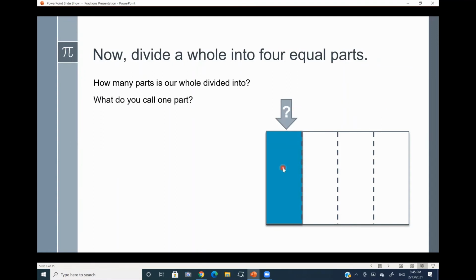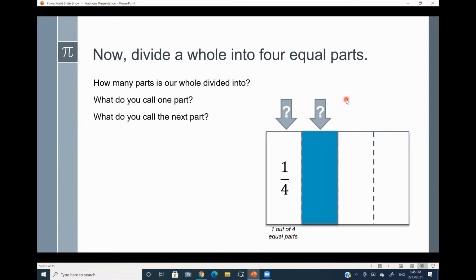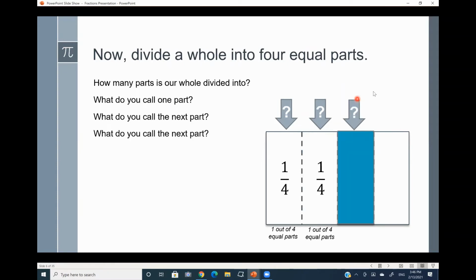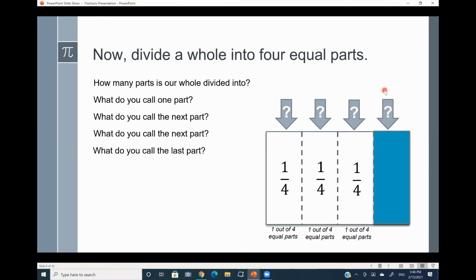When we shade 1, it's going to be called 1/4, or 1 out of 4 equal parts. How do we call the next part? Exactly the same. This is going to be another 4th, which is 1 out of 4 equal parts. And we're going to repeat the same for part number 3 and part number 4. All of them are 1/4, and all of them are 1 out of 4 equal parts.